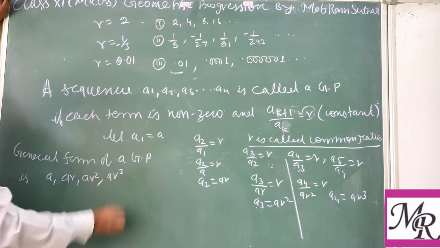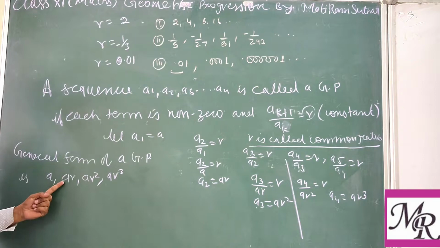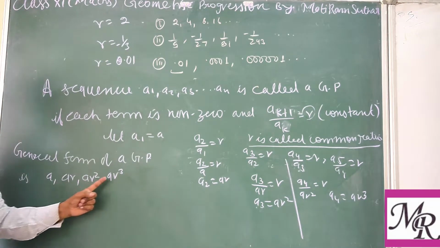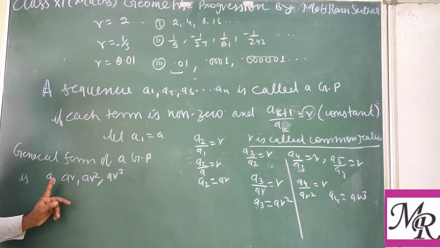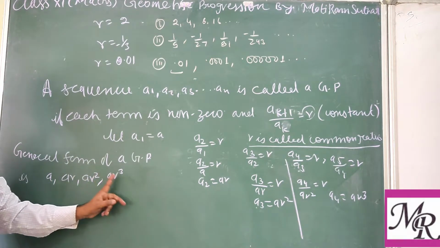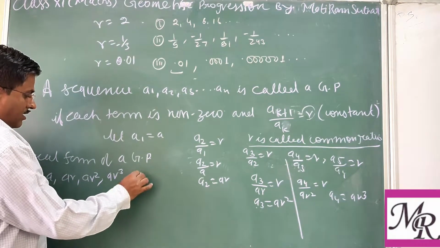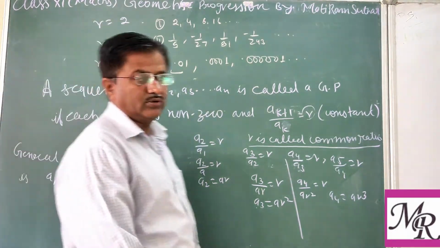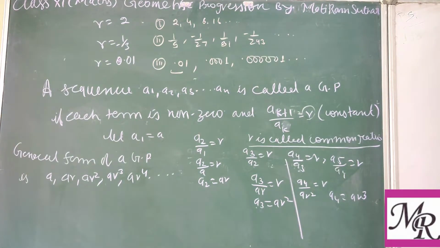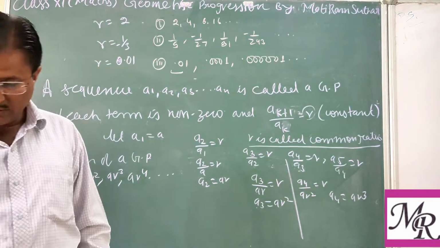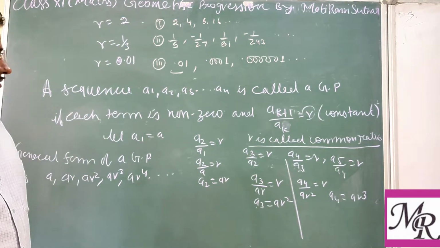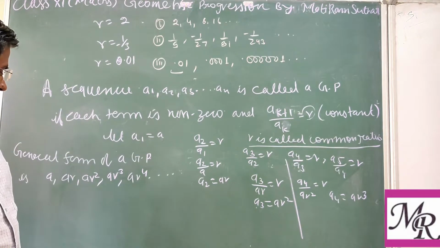So now we can easily understand, in each term the power of R is increased by 1. Like AR power 1, AR power 2, AR power 3, AR power 4 and so on. In this way we can find any term of the geometrical progression. Clear? So in this way one can find all the terms.